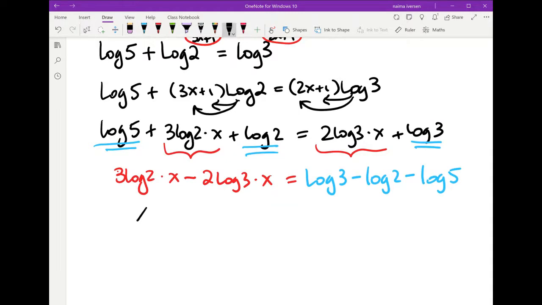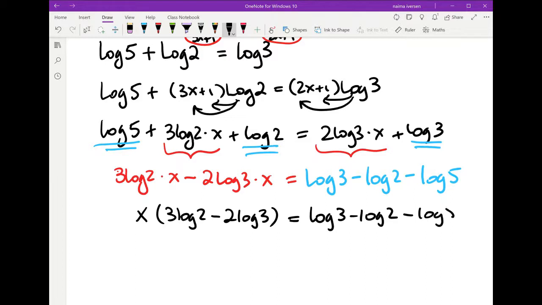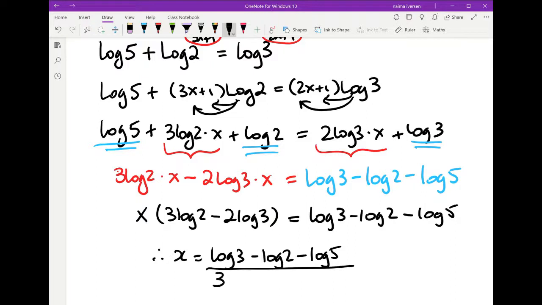Factor out the x. 3 log of 2 minus 2 log of 3 equals log of 3 minus log of 2 minus log of 5. And then finally, x is equal to log of 3 minus log of 2 minus log of 5 divided by 3 log of 2 minus 2 log of 3.